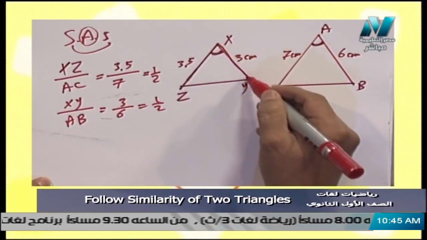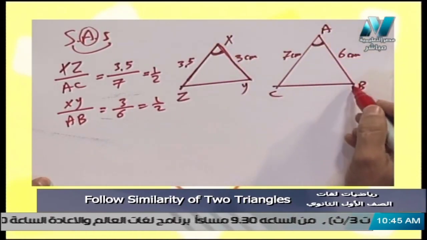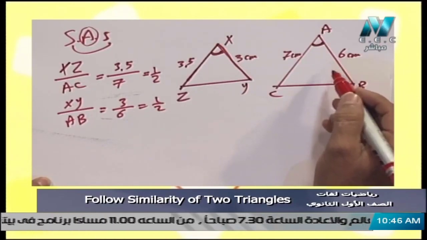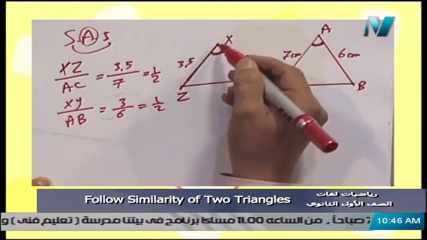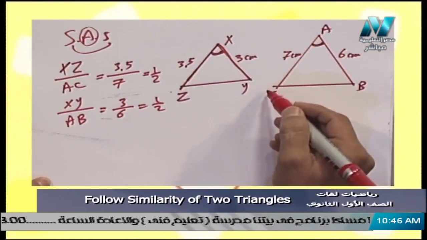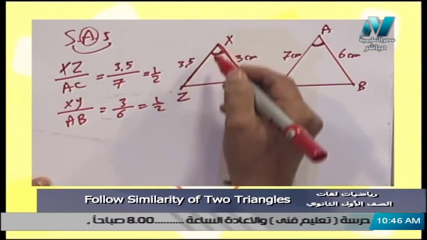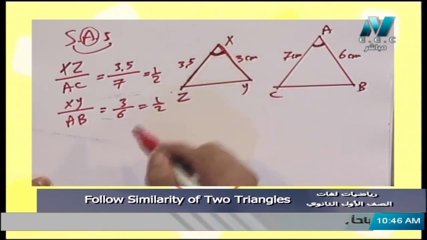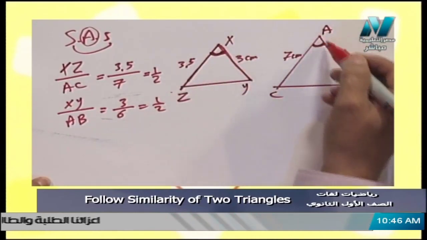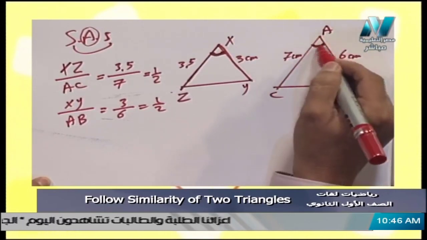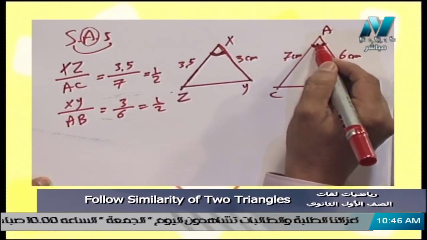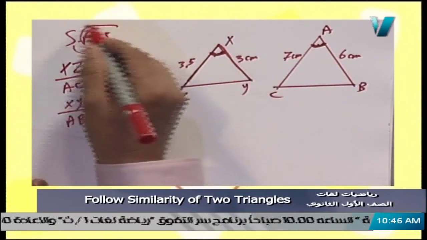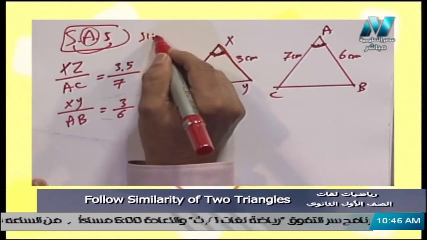XY and AB are corresponding sides, and they are proportional because the ratio is equal to XZ over AC. And concentrate carefully that each two sides here include the angle X, and each of the two sides here include the angle A, which are equal to each other in measure. So it will be SAS similarity.